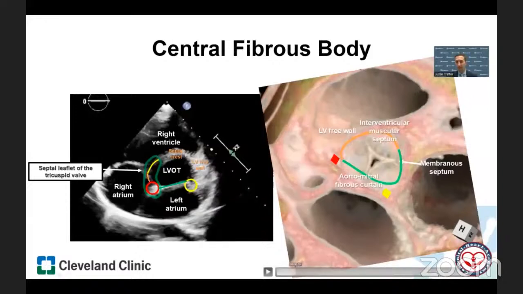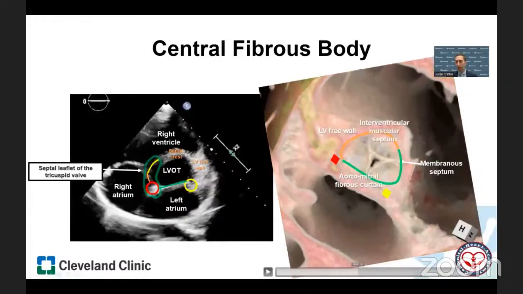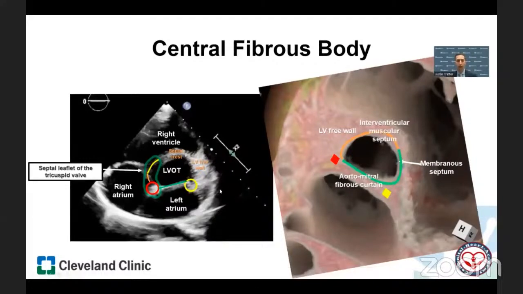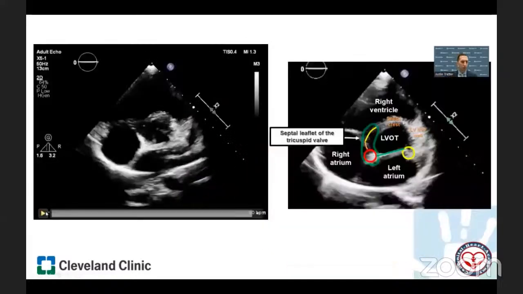And if we look at this comparable 3D CT reconstruction and we start to cut down from the non-coronary sinus, which lines up with the atrial septum, and we get into the left ventricular outflow tract, we then see where that yellow diamond is, the right fibrous trigone, the roof of the infraseptal recess, and then the membranous septum, again, forming the so-called central fibrous body.